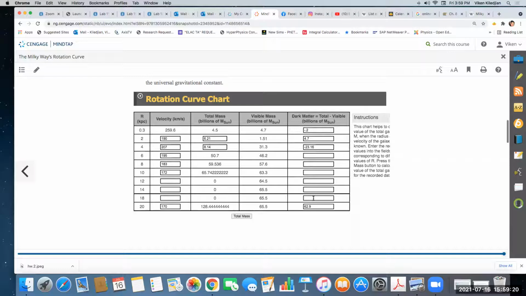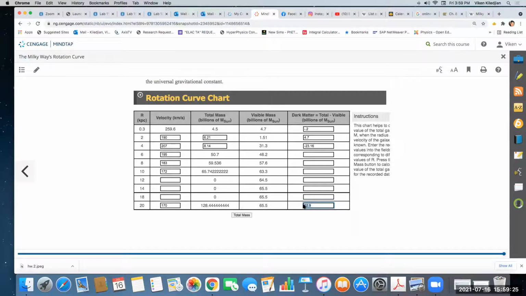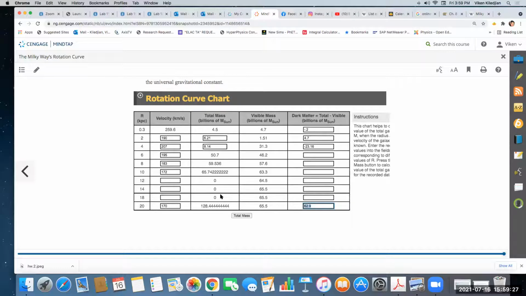Amazing. So as you're going higher and higher, that's the mass of dark matter contained in the Milky Way within a distance of 20 kiloparsec. It's amazing that this thing is just everywhere, so heavy.